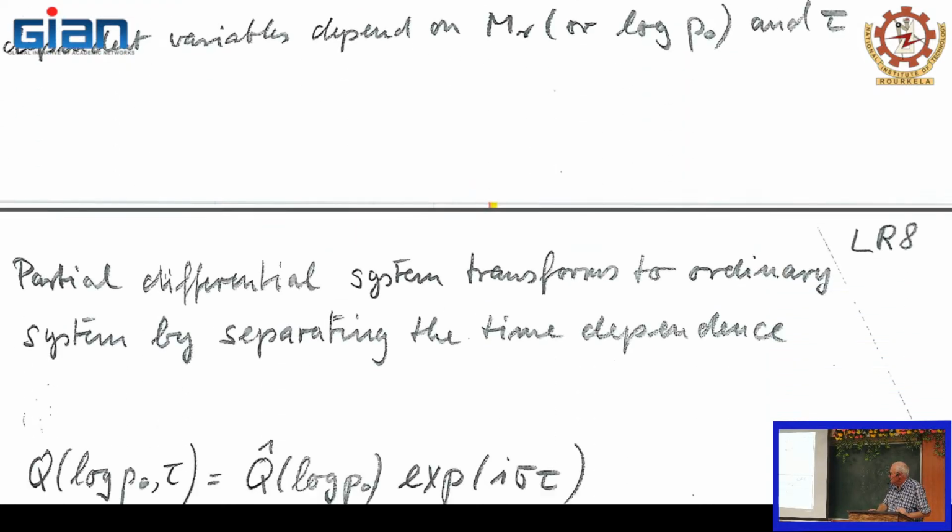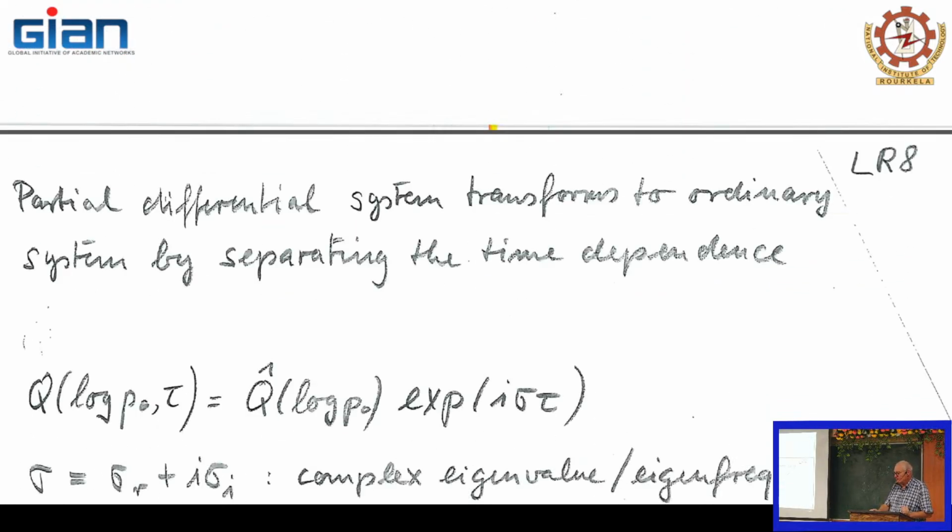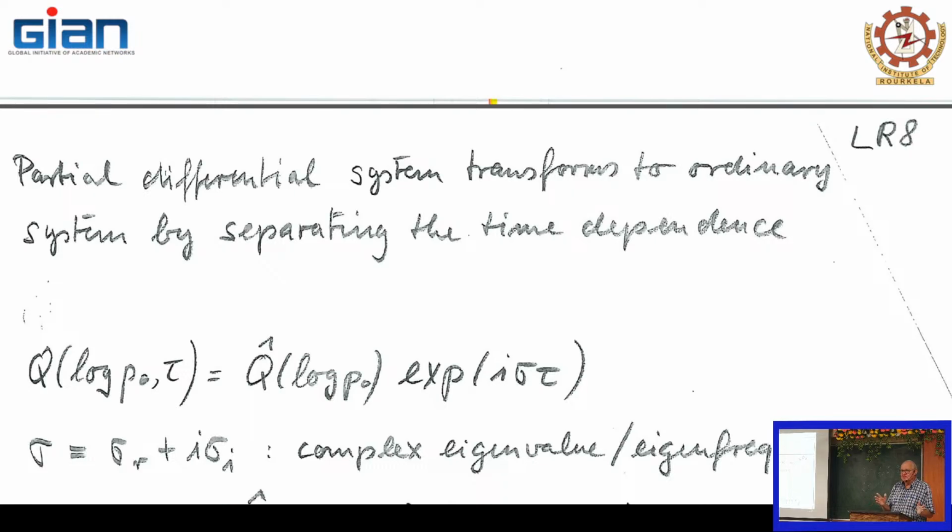So this partial differential system with respect to the mass m and the time t can be separated into an ordinary differential system with respect to the mass coordinate in space.